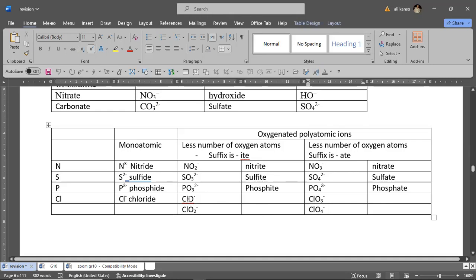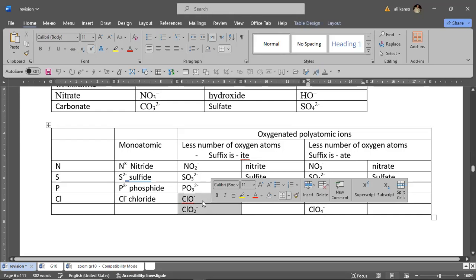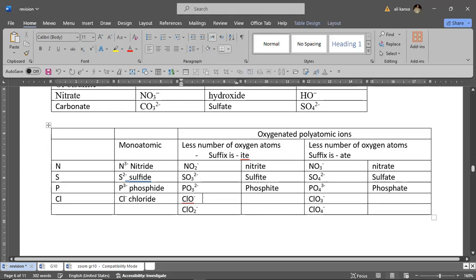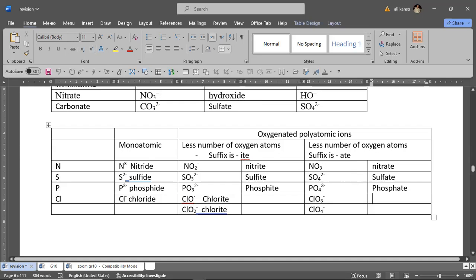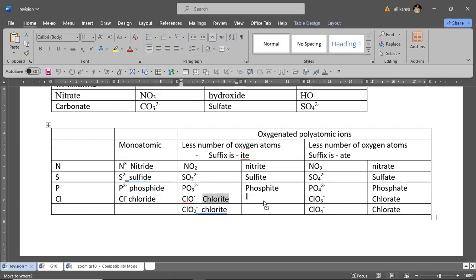But there is a difference in number of oxygen. The first two end in "ite", the other two below end in "ate": chlorite and chlorate. How can we differentiate between each?